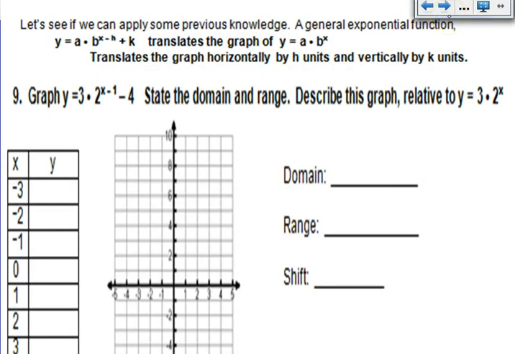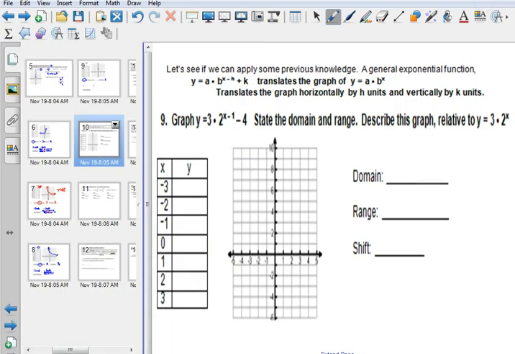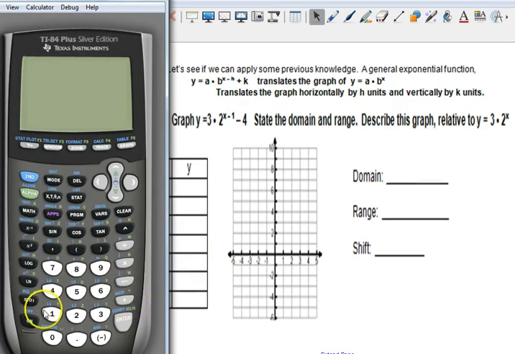Now we're going to talk about growth and decay that have been translated or transformed, either right, left, up, or down, and sometimes reflected. So we're going to use what we know about translations from previous chapters in this chapter. So first, if I was to graph 3 times 2 to the x minus 1 minus 4, I want you to notice that on your calculator, you have to be very careful with how you type this in.